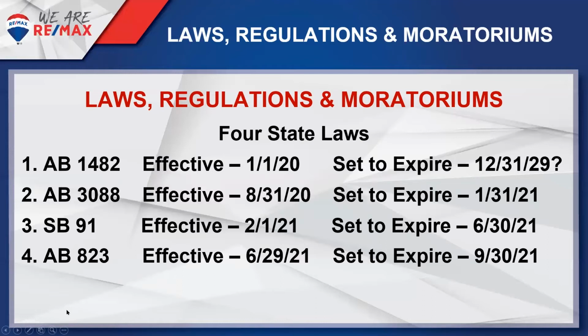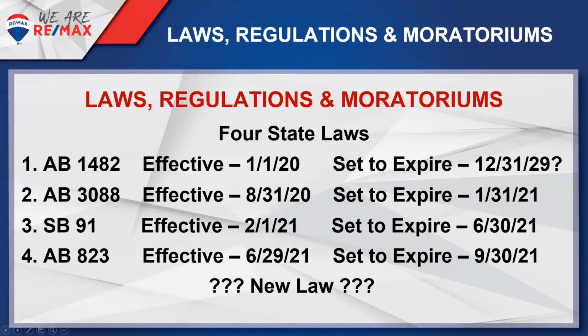Then along came AB 823. It's the law that is currently in effect, and it went in effect June 29th. And like I said, it extended the provisions of 91 and 3088. It also modified some of the less draconian features of 1482. And that is what's in effect now. And it's set to expire 9/30 of 21.